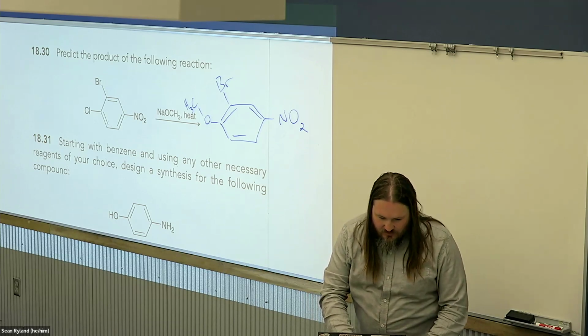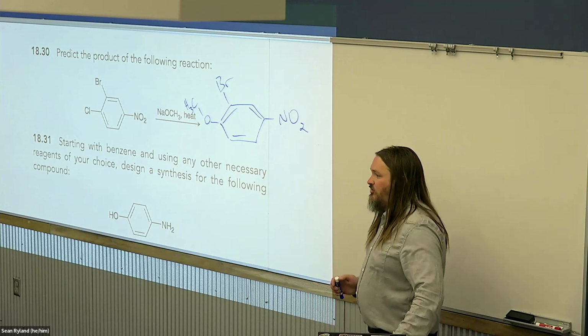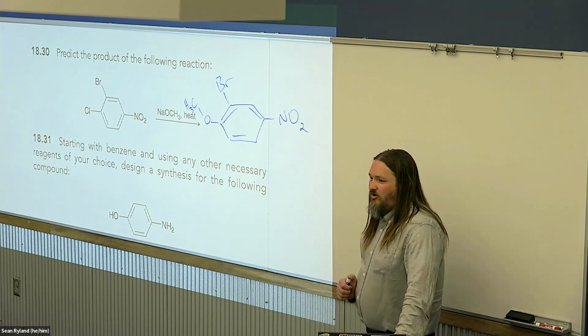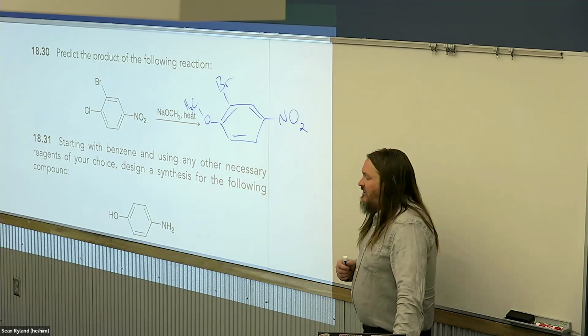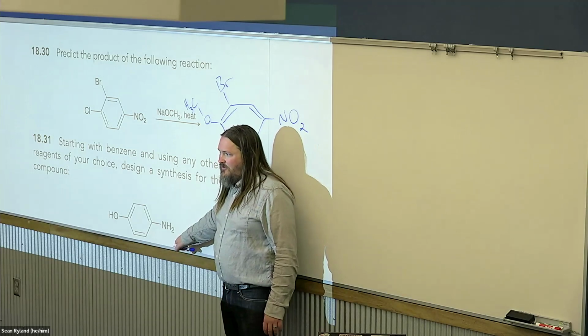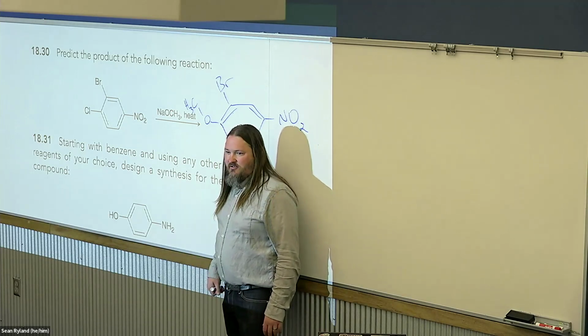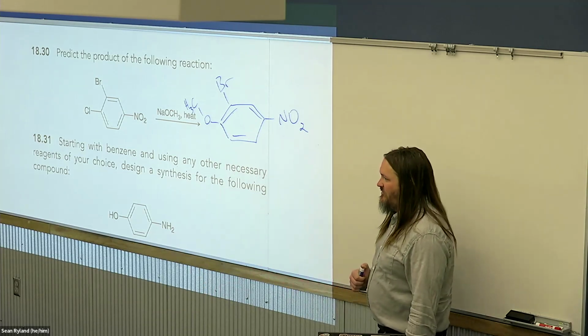So nitro groups can be reduced by using a super strong reducing agent. What's our strongest possible reducing agent that we've used for carboxylic acids? Lithium aluminum hydride. If you put a nitro group with lithium aluminum hydride, you get the amine. You basically remove all the oxygens and turn it into an amine group.